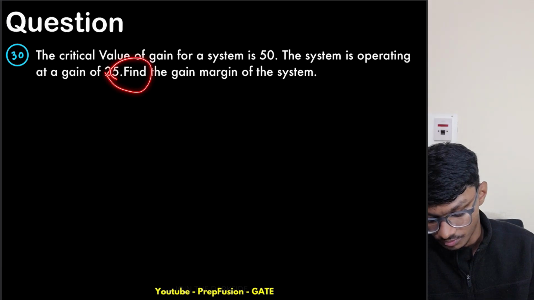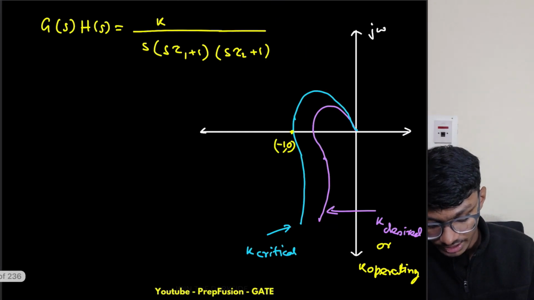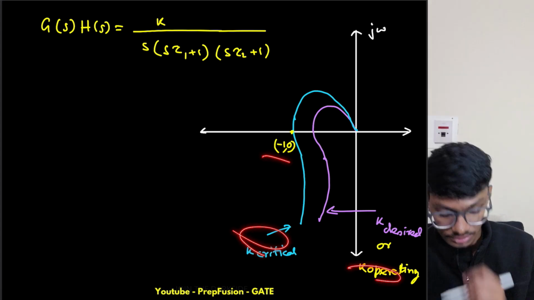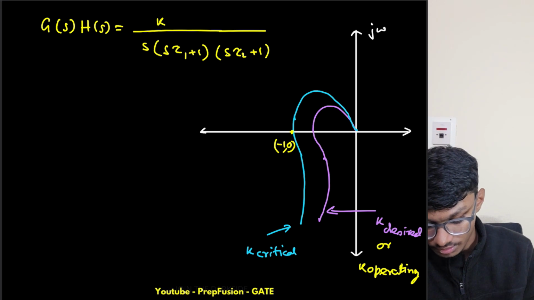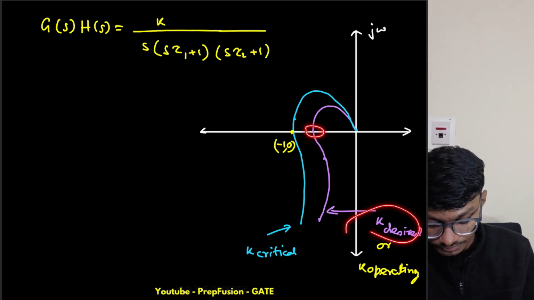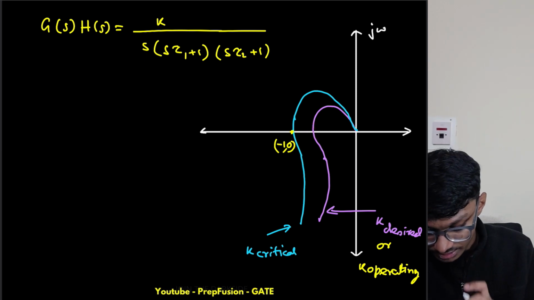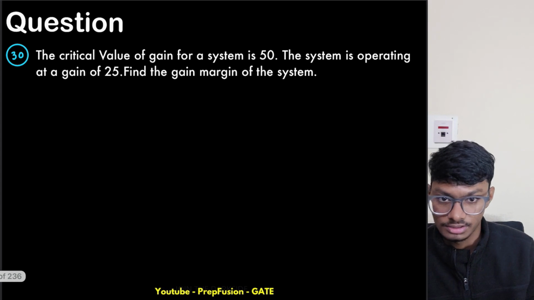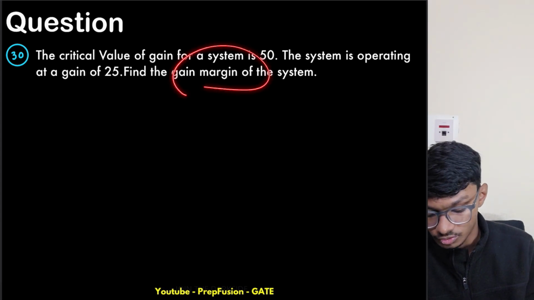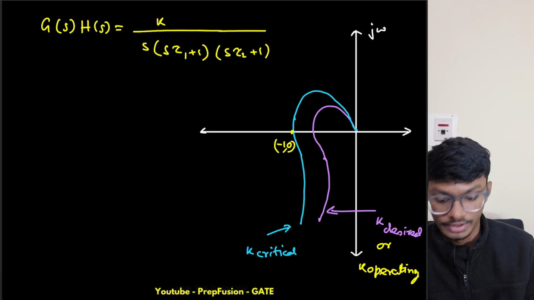So this is operating at 25 gain. And what is the critical value of gain? 50. So if my k critical is 50 and k desired is 25, then how can I find the gain margin? Let's just write this simple formula. Does this phase crossover frequency, omega p, depend on k?